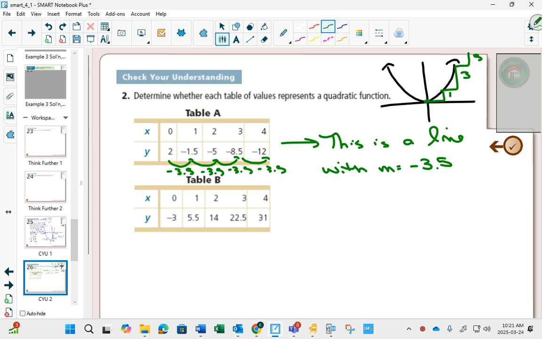Because every time I went over 1, I went down 3.5. That makes a perfect straight line. So is that one quadratic? No. That is a linear function.